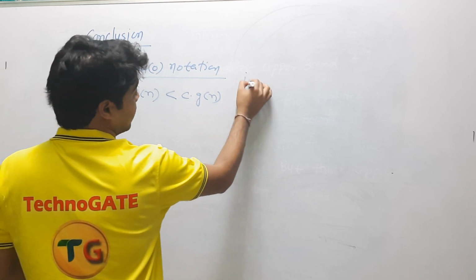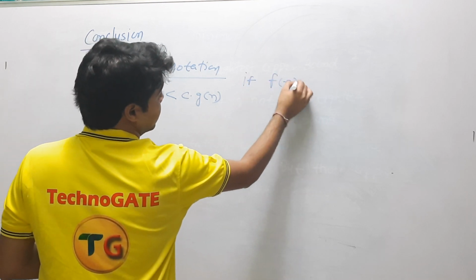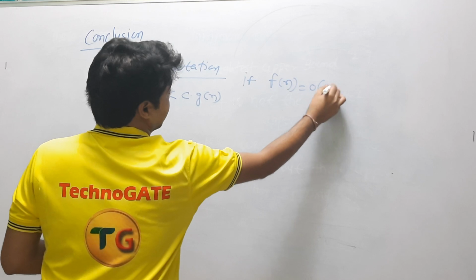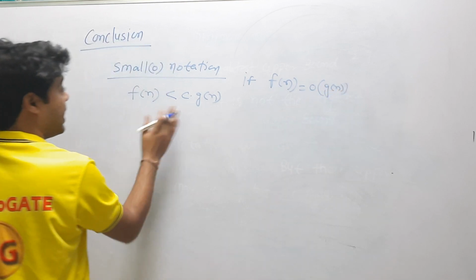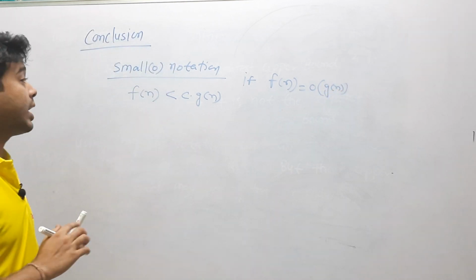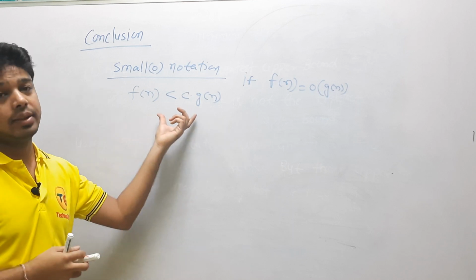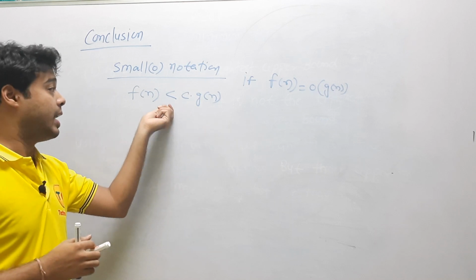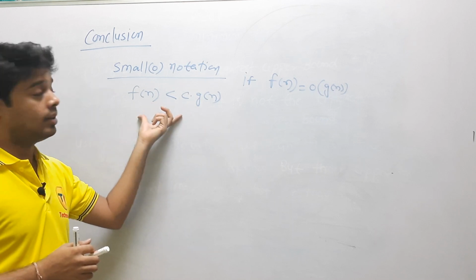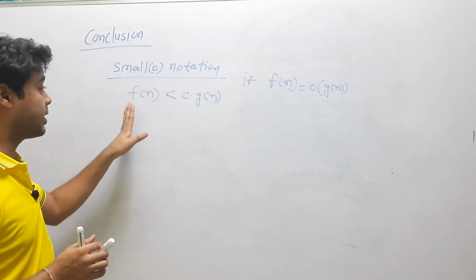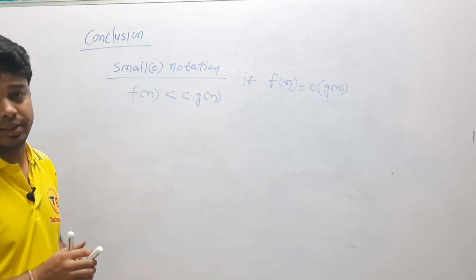If Fn is small o of Gn, then what is the meaning? Fn is less than only, not equal. The equal to part is not included here. So the only condition is Fn less than C dot Gn.